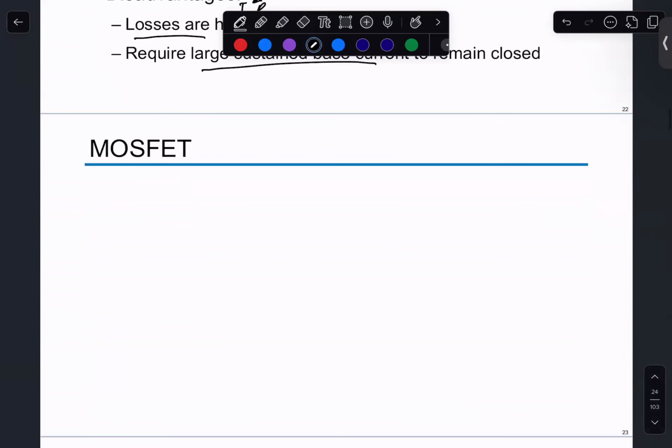As an alternative, there's another type of transistor, the MOSFET, which is certainly more commonly used. A MOSFET, instead of being a current control switch, is a voltage control switch.